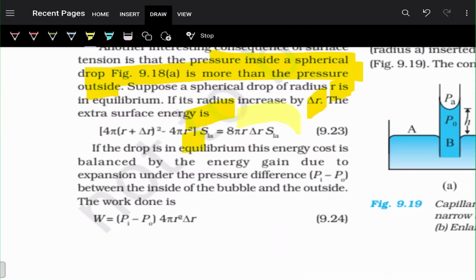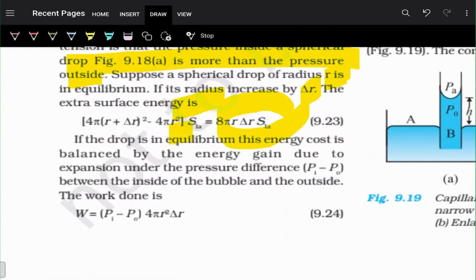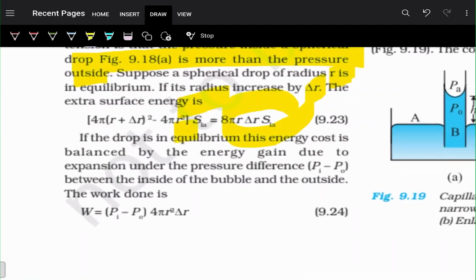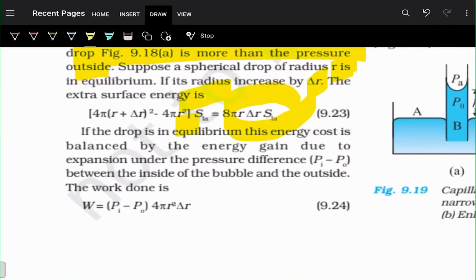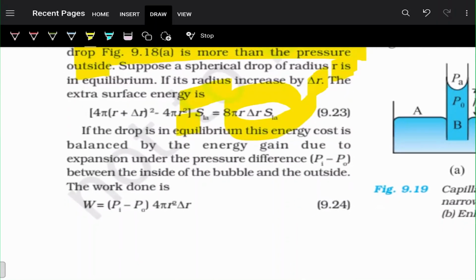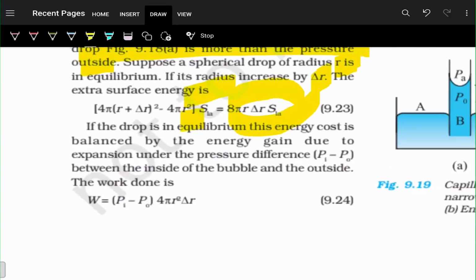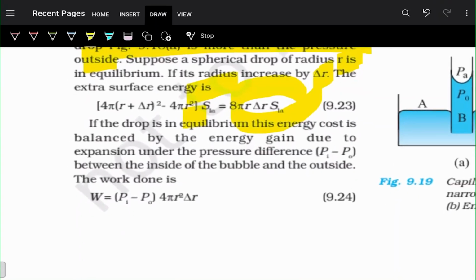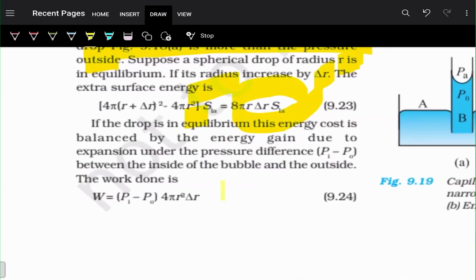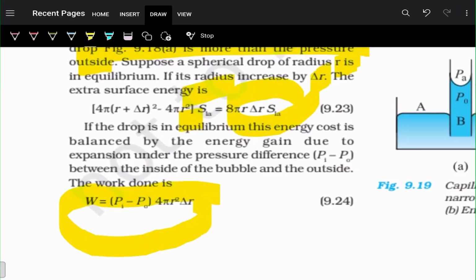If the drop is in equilibrium, its energy cost, അതായത് ഈ energy എവിടേക്കാണ് പോയത്? It's balanced by the energy gain due to expansion under the pressure difference between the inside of the bubble and outside. So work done ഇതായിരിക്കും: pressure inside minus pressure outside into 4πr² delta r.